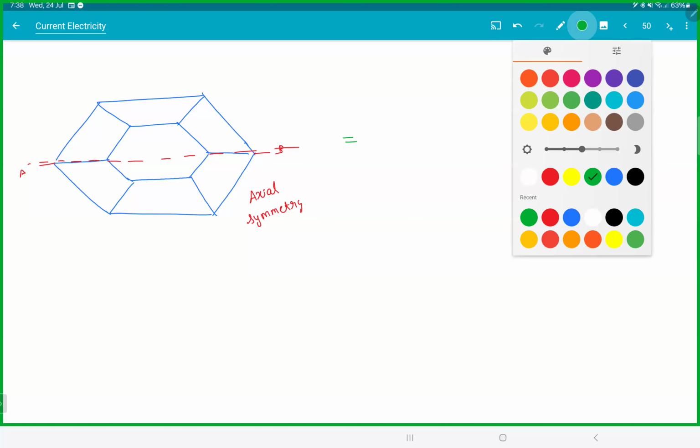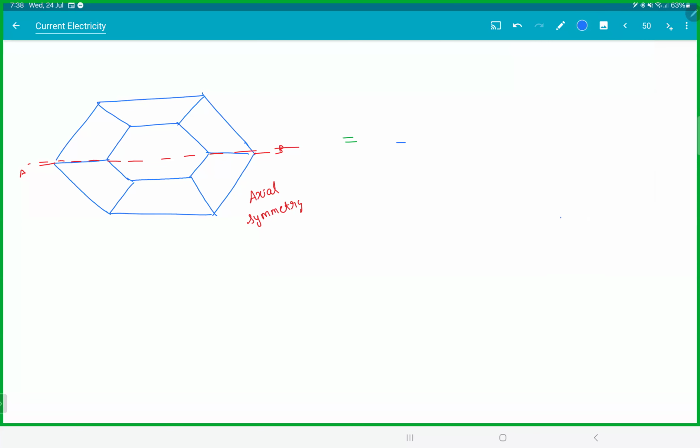This guy will become like this. This will remain R only because there is nothing to fold there. Remaining will be 2R. Not 2R, R/2.